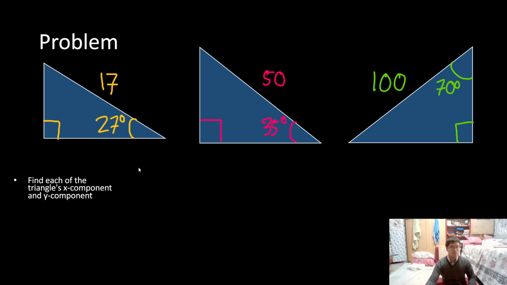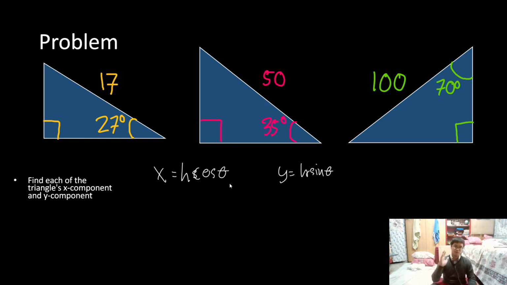So if you're going to find an x component and a y component of a right triangle, you're going to use x is equal to h times cosine theta, and your y as h times sine theta.